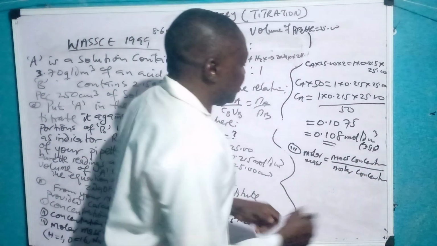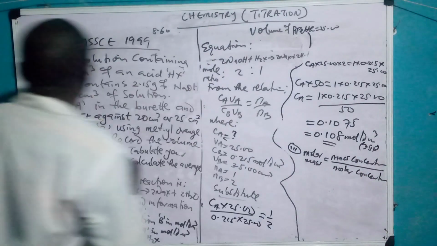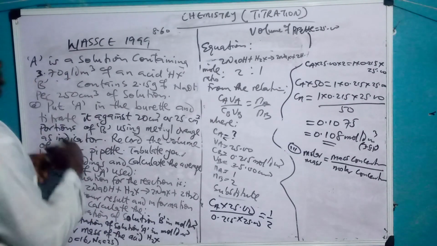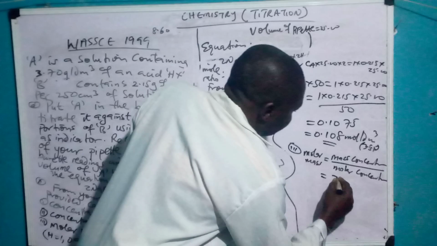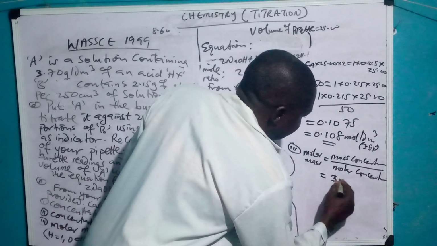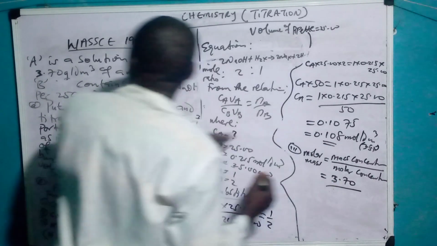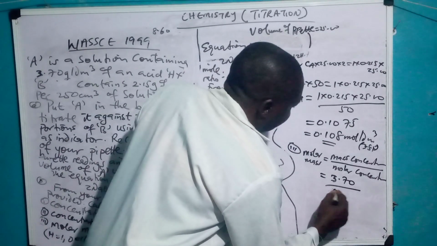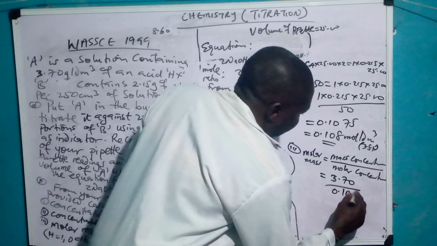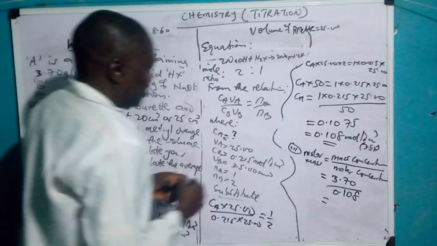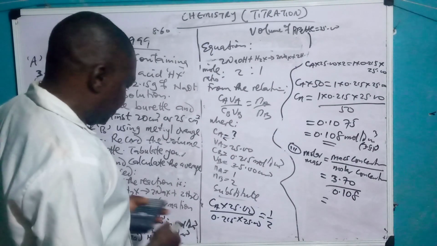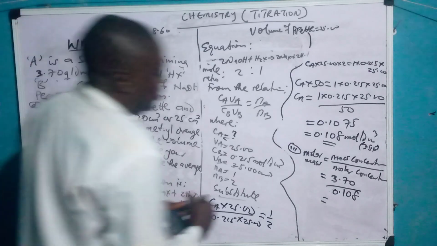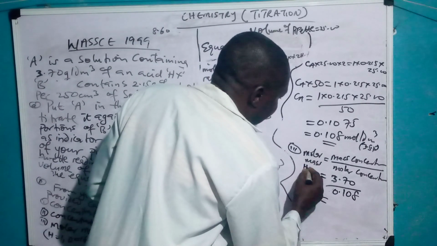They are talking about the same thing. Mass concentration is in the question. A is a solution containing 3.70 gram per dm cube. You have 3.70 over molar concentration 0.108. So you have molar mass of the acid H2S.